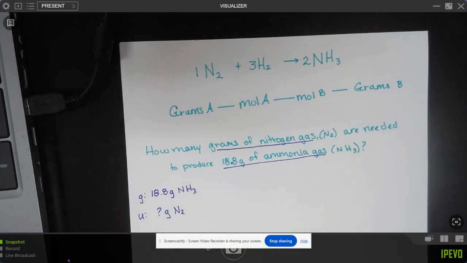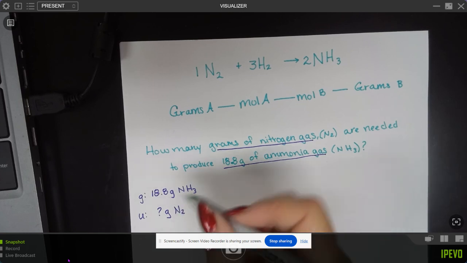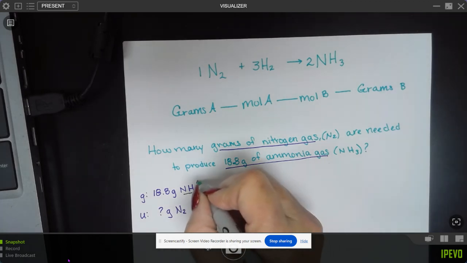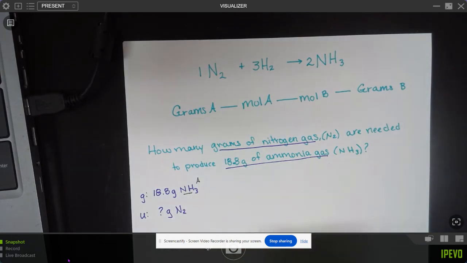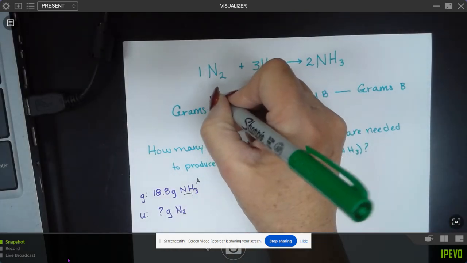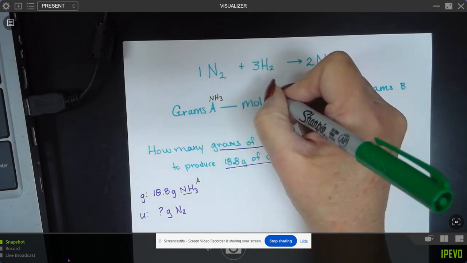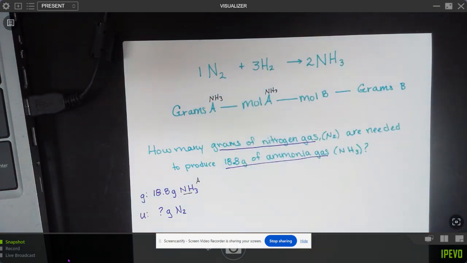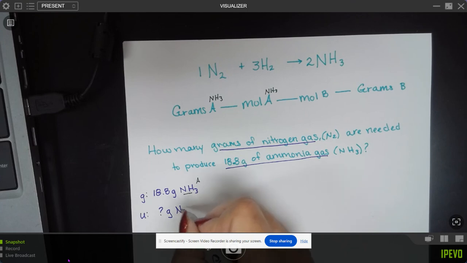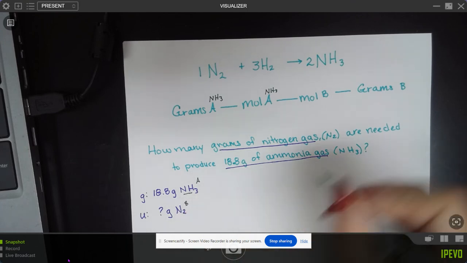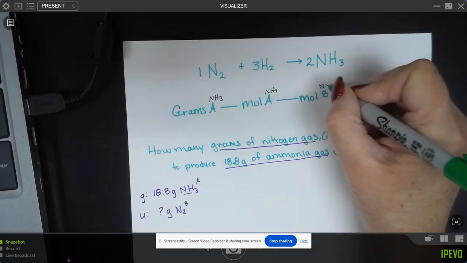Some things never change. When we look at this, NH3 is still A. A is always what you start with. So in my mole map, NH3 would go wherever I have an A. N2, my unknown, is always substance B in this problem.